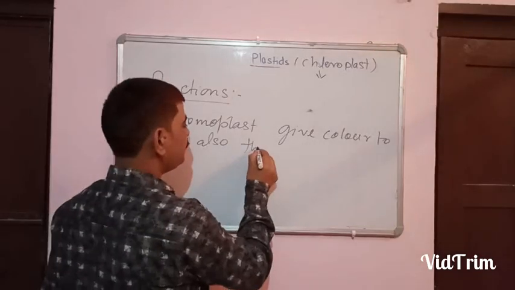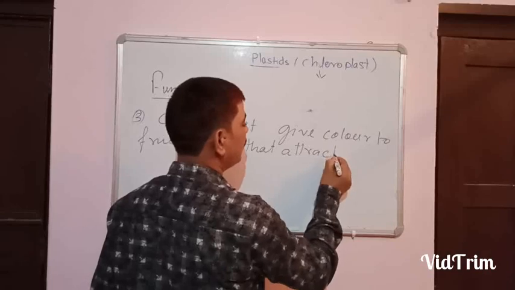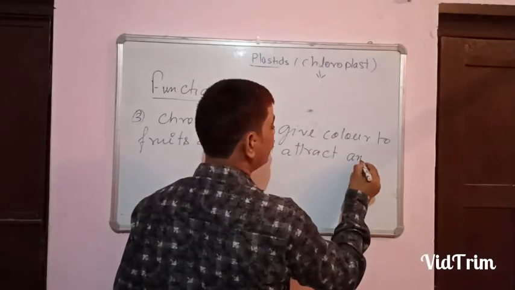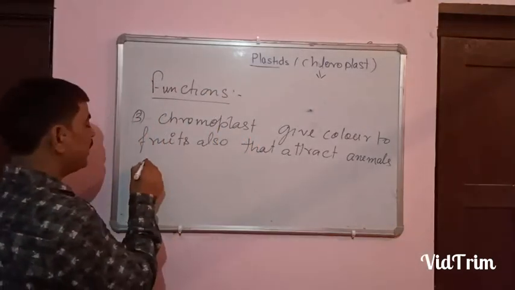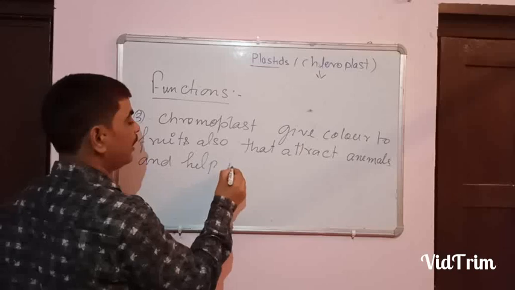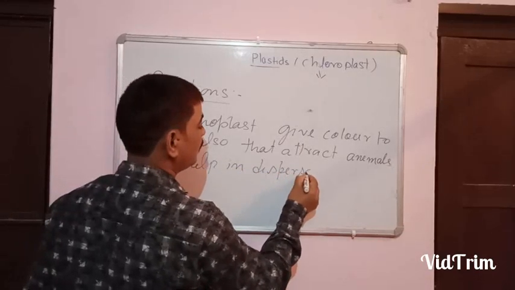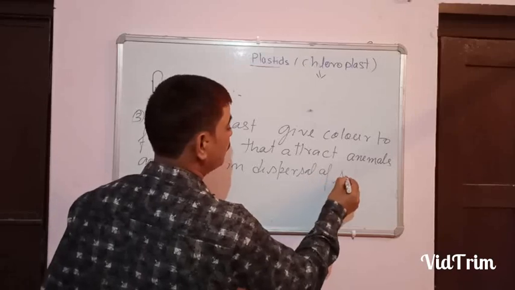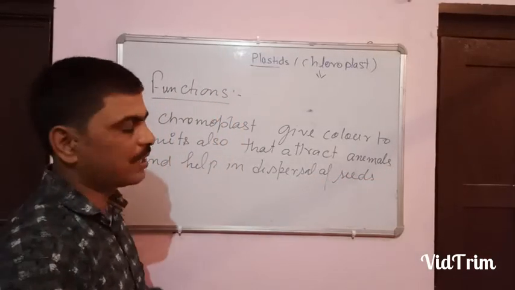That attracts animals. Animals, we are also animals. Attract animals. Then what will happen? Animals help in dispersal. What dispersal? Dispersal of seeds. Okay? So these are the functions of the plastids.